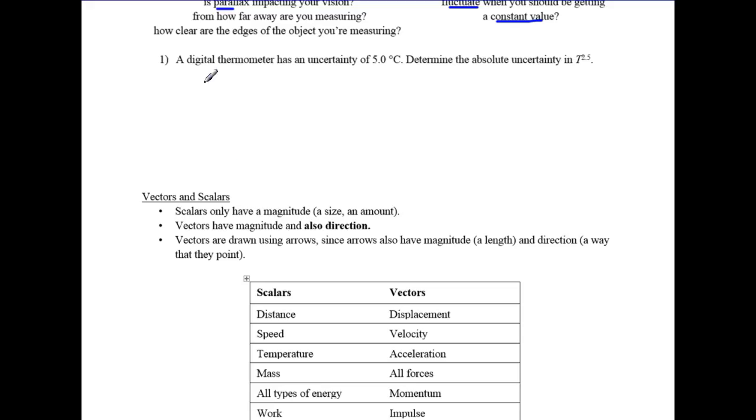Now let's say you have a problem like this. A digital thermometer shows a measurement of 5.0 degrees Celsius. Determine the absolute uncertainty in temperature to the 2.5 for this measurement of 5.0 degrees.